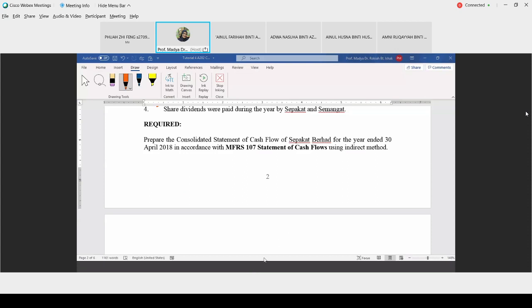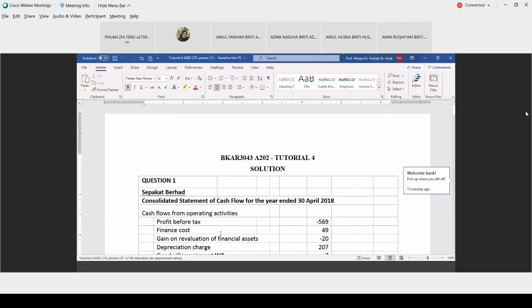Where is the answer? I only have this one, sorry. Maybe I need to combine this one so it's much easier.